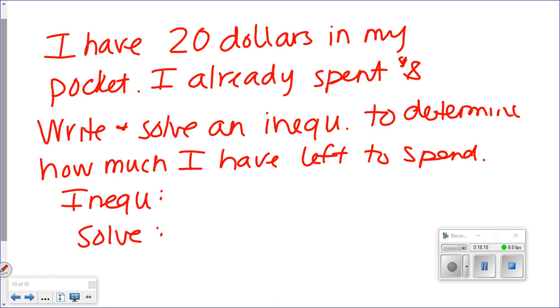I have 20 bucks in my pocket. I have $8 I spent already. Write and solve an inequality that tells me how much I have left to spend. Remember, your answer has to be in inequality format. You just can't tell me 12.